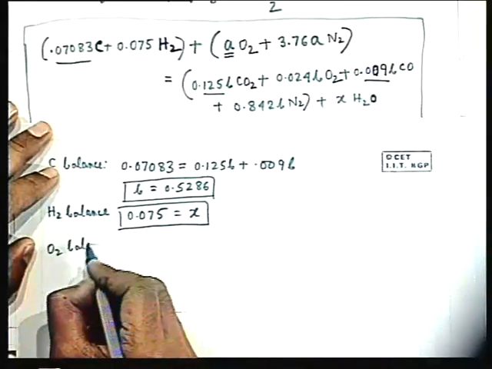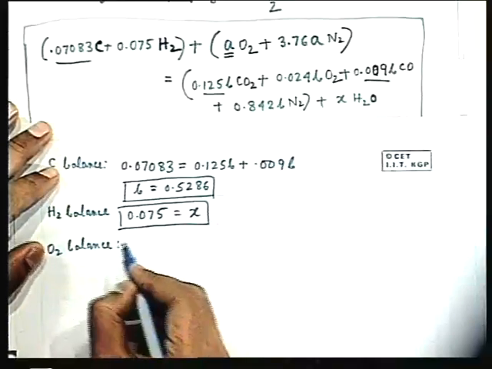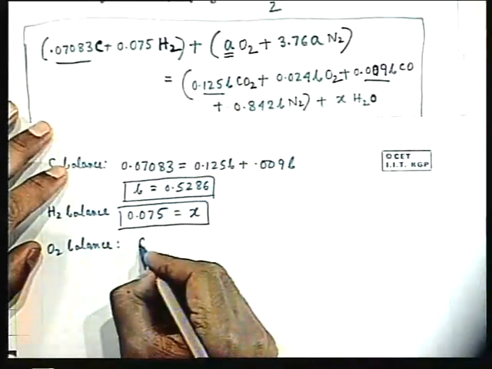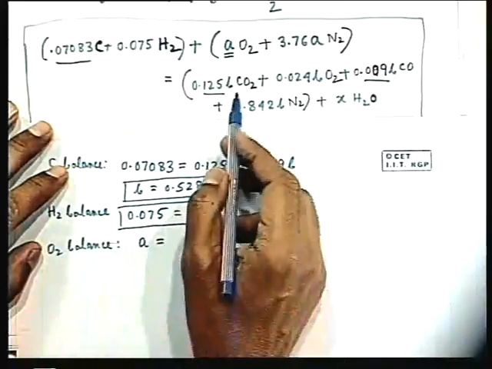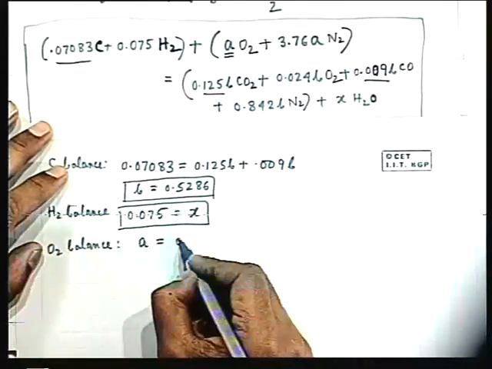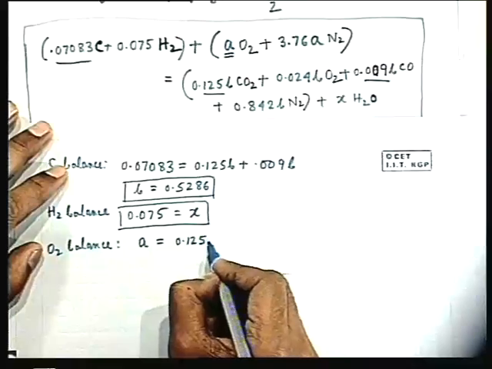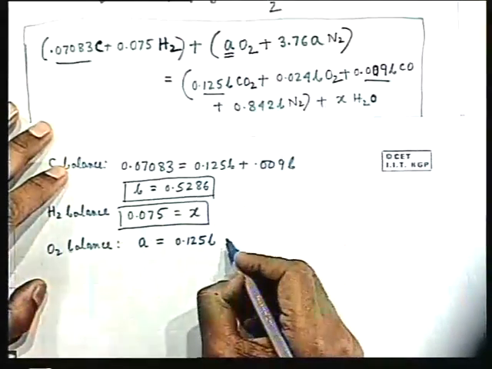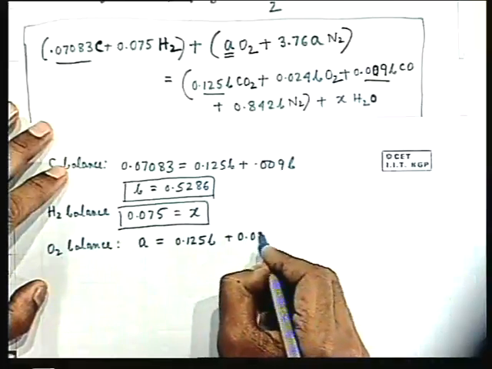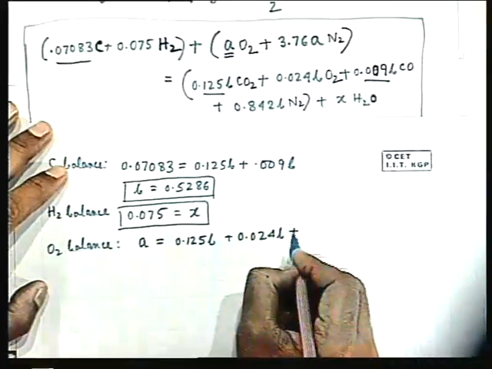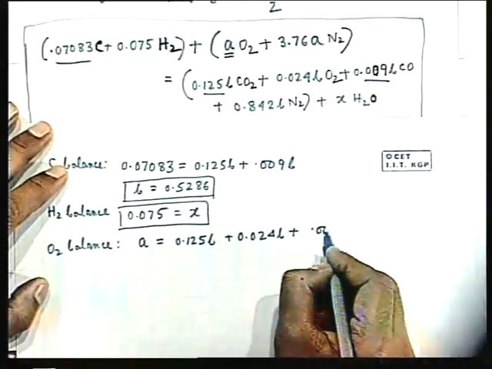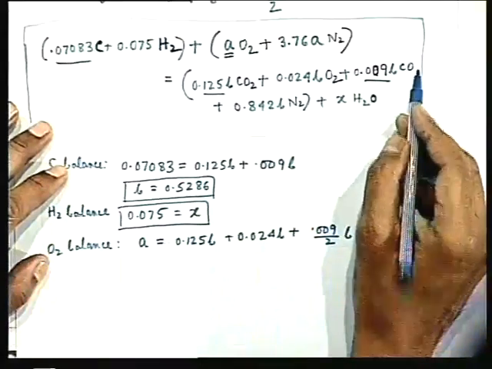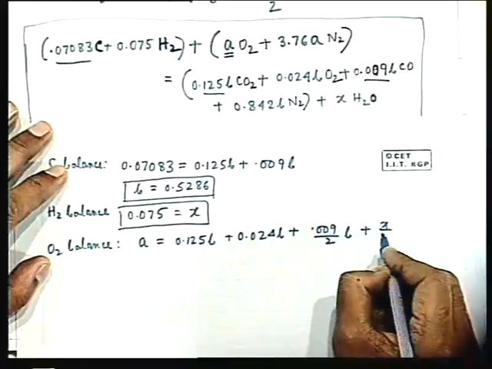O2 is here, that means A equals 0.125 B, in the reactants only A, plus 0.024 B plus 0.009 by 2 B for CO, plus X by 2.